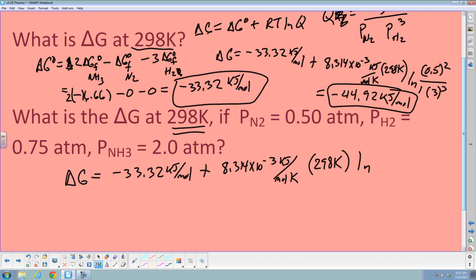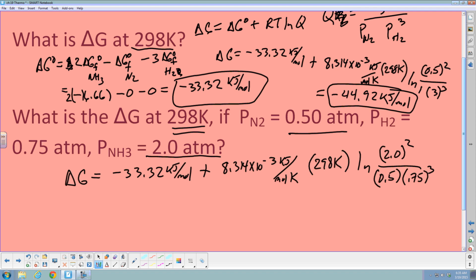So this time, what's my ammonia pressure? 2.0, squared, over my nitrogen pressure, 0.5, times my hydrogen pressure, 0.75 cubed. Let's run the numbers. 2 squared is 4, divided by 0.5 is 8, divided by 0.75 cubed, and I get about 18.96.